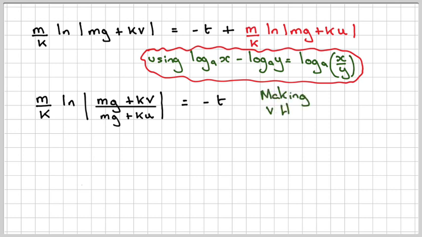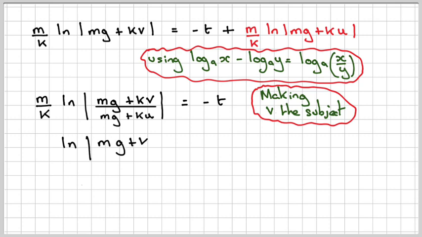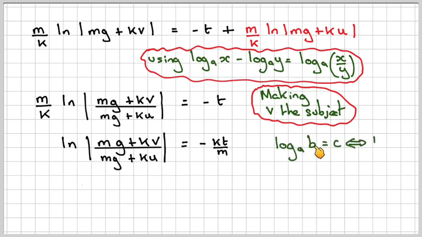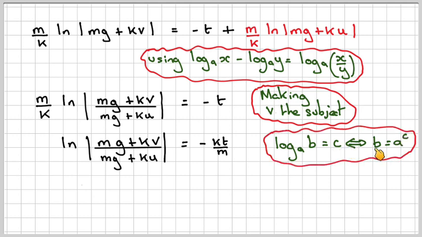So remember now that the objective is to make this variable v the subject. So it's not as difficult as you think. First of all, multiply by k over m. So we're going to get minus k over m times t. And then we're going to use another rule of logarithms: log to the base a of b is equal to c implies that b is a to the c.